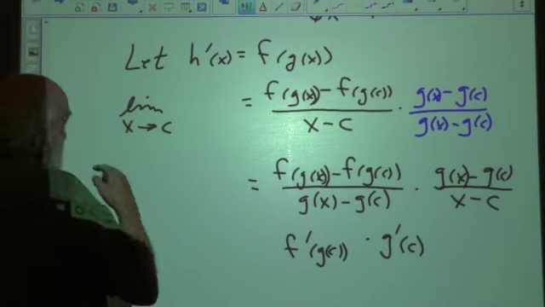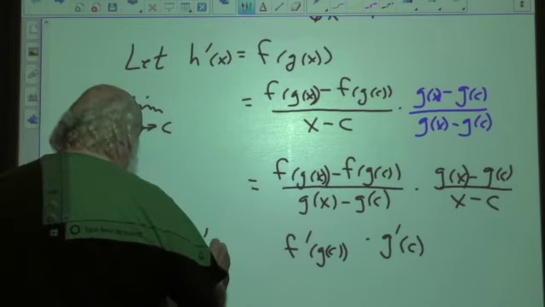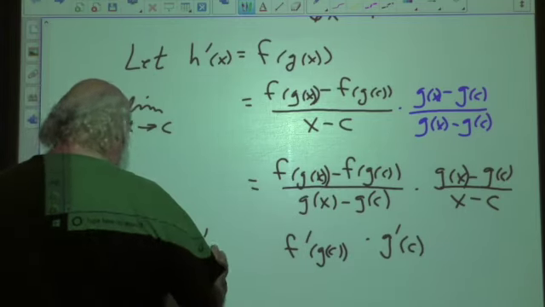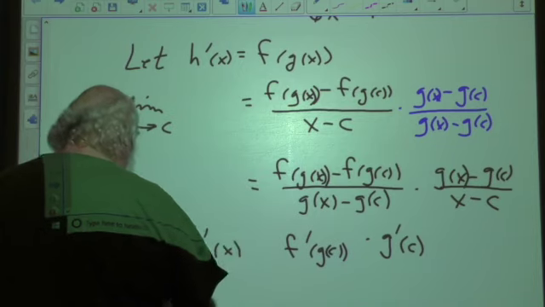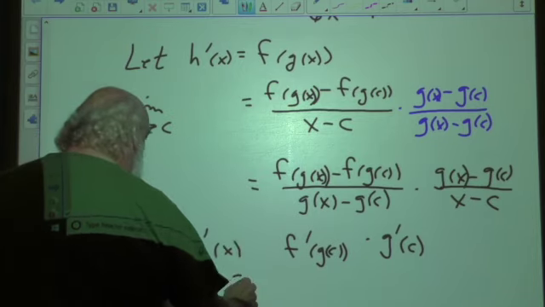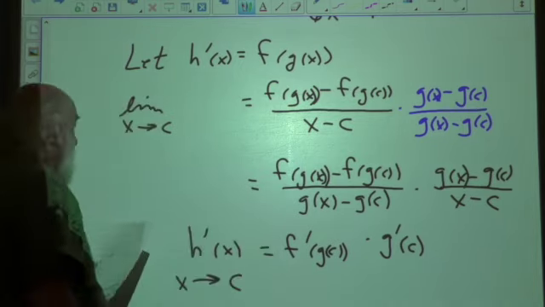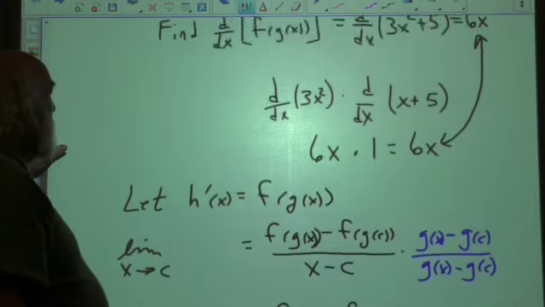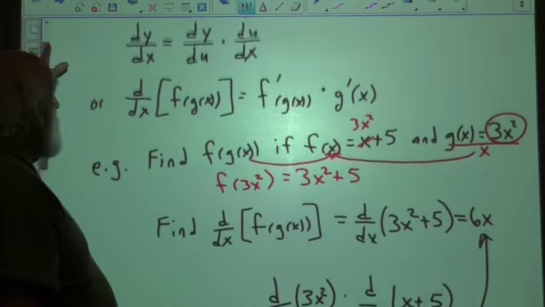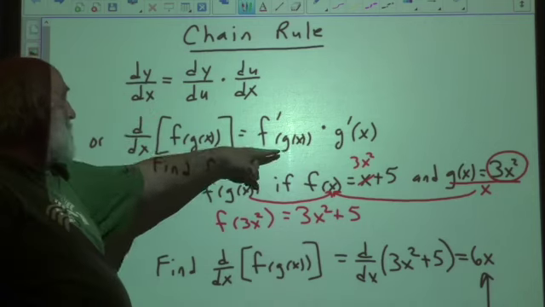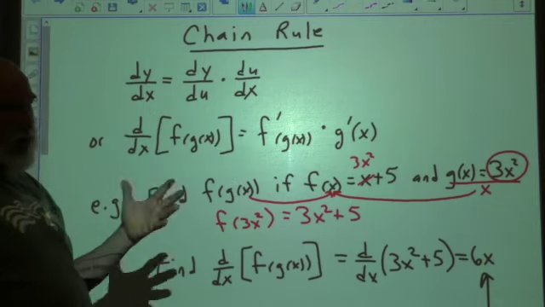And so that means h prime of x as x approaches c will be equal to this. And so that brings us back to where we were right here. So that's their proof for that.